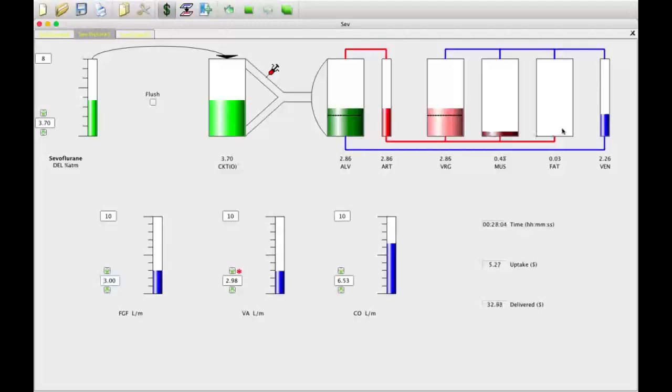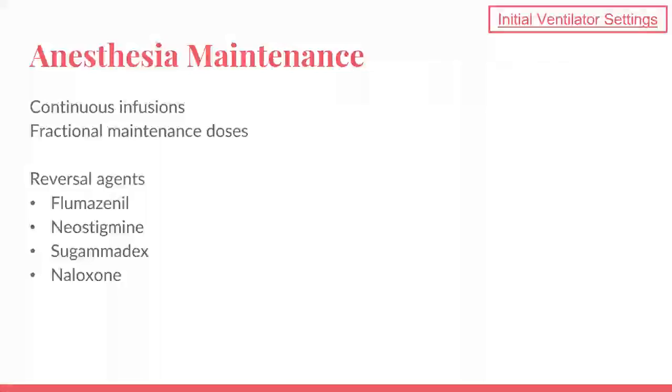It can be done by sevoflurane or other anesthetic gases, but sometimes we also do it with a continuous infusion of anesthetic agents, and sometimes in short procedures we use fractionated maintenance doses, especially with propofol.